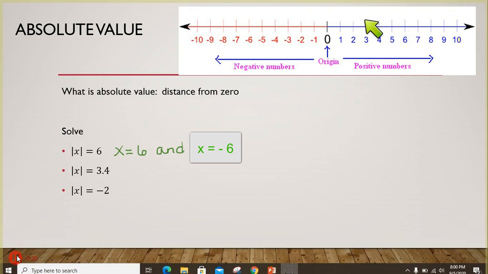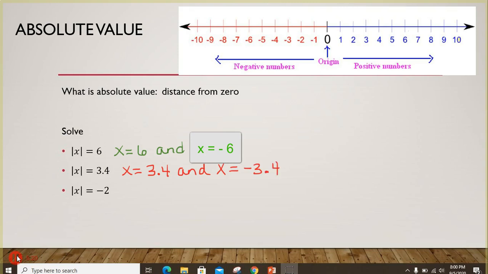And if I hop 0.4, 1, 2, 3, that means that 3.4 is 3.4 hops away from zero, but also -3.4 is the same distance from zero. So what are the two numbers that have an absolute value of 3.4? Well, x equals +3.4 and x equals -3.4.